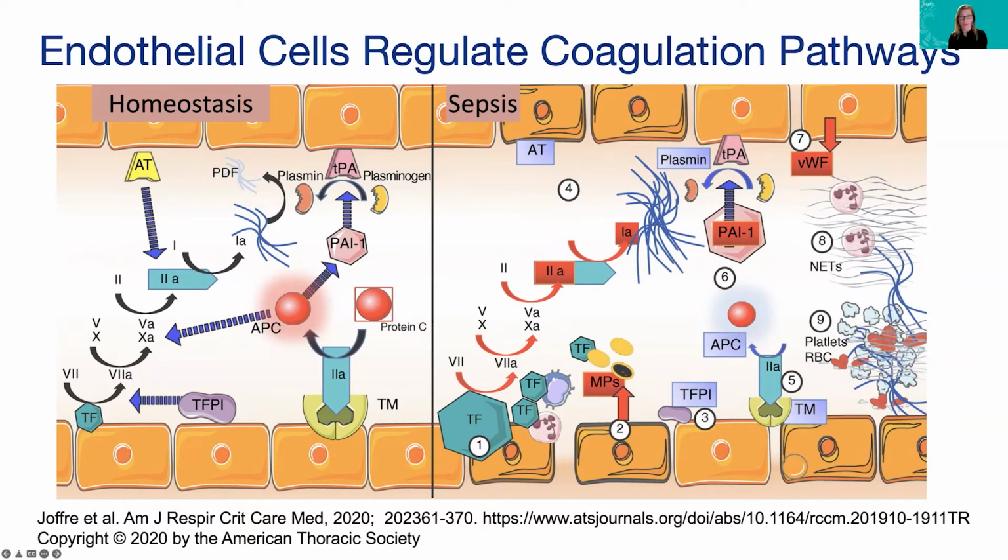Endothelial cells and recruited leukocytes express high levels of tissue factor, and there is glycocalyx destruction and the release of microparticles, which amplify the coagulation cascade. This is compounded by downregulated production of anticoagulants, increased production of PAI-1, and reduced production of activated protein C. It is also exacerbated by the release of von Willebrand factor by activated endothelial cells. The resultant microvascular thrombosis is worsened by deposition of neutrophil extracellular traps and activated platelets.